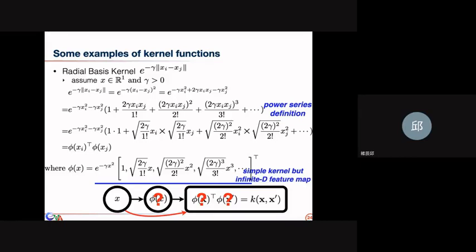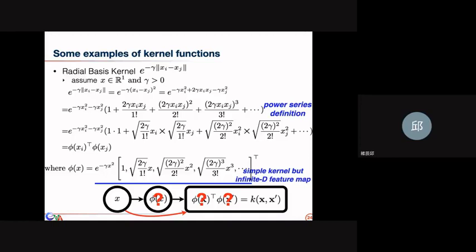And then you can find out here, this is 1 times 1, and here is this term times this term plus this term times this term. So this is similar to the inner product. So we can find out that, given this simple computation for the radial basis kernel function, its corresponding feature representation is actually very complicated.